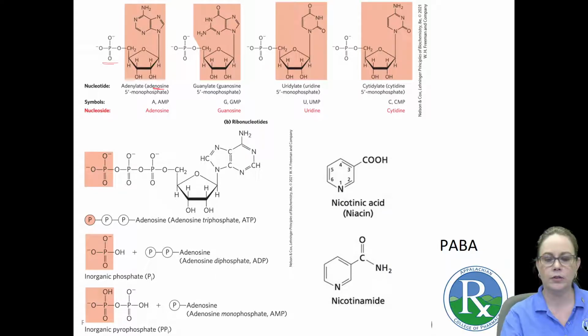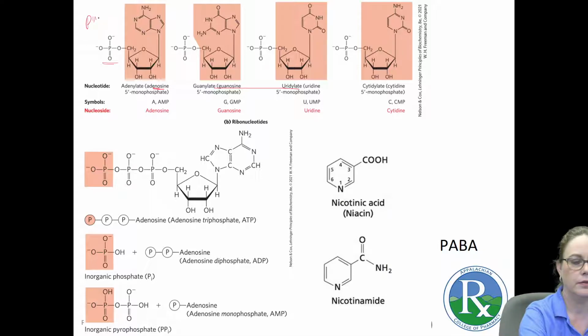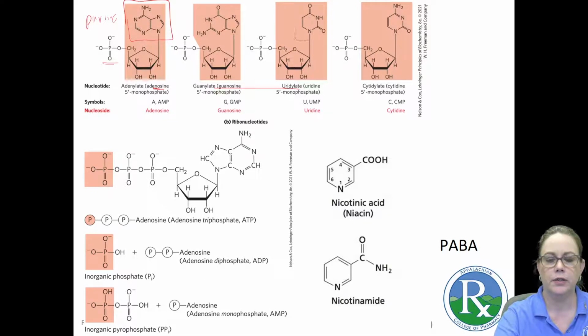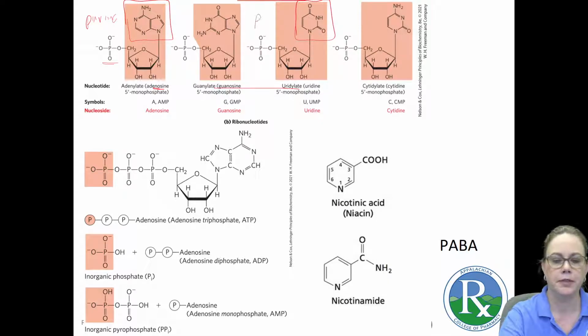We'll also look at an example that has the uridylate or uridine structure in it, whereas the adenosine is going to be one of our purine bases with those 2 fused rings and the amine coming off the top. Our uridine is going to be one of the pyrimidine bases.